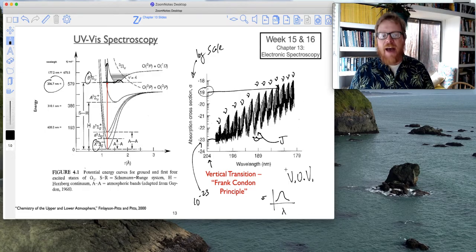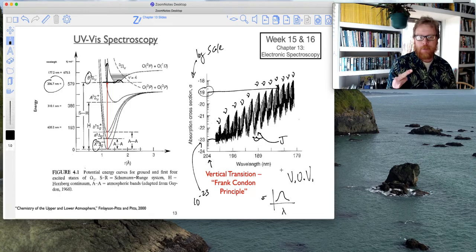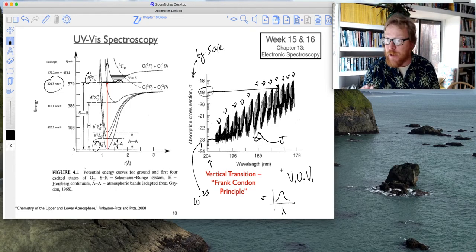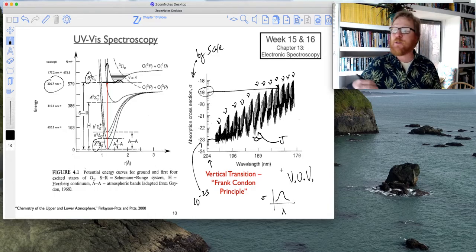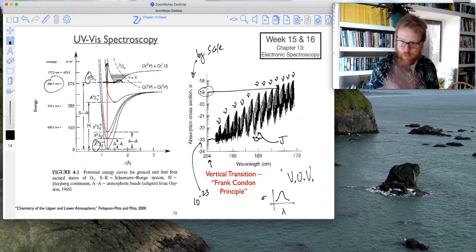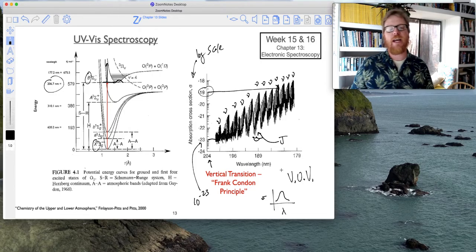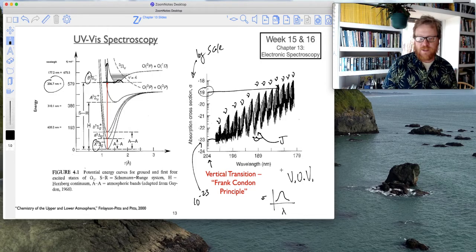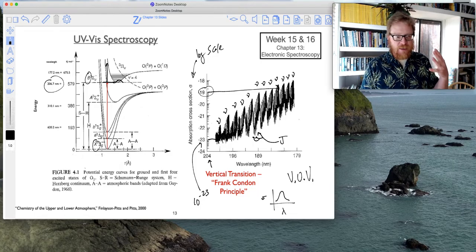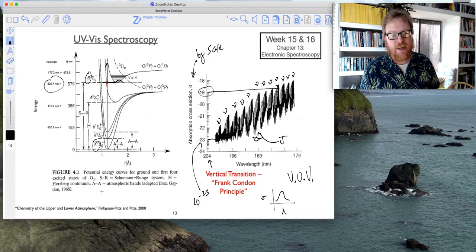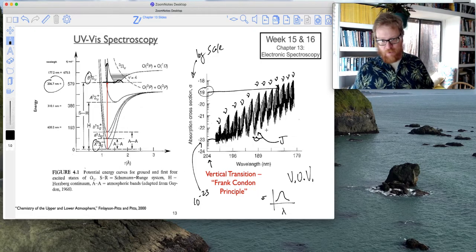So if we have a gas and a powerful enough spectrometer, something with crazy resolution, when we do the UV spectra, we are able to probe the electronic transitions, the vibrational transitions, and the rotational transitions all at once, because our UV light has enough energy to excite all of those levels, okay?